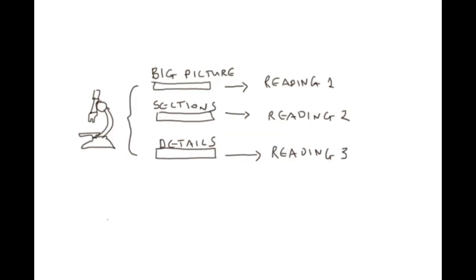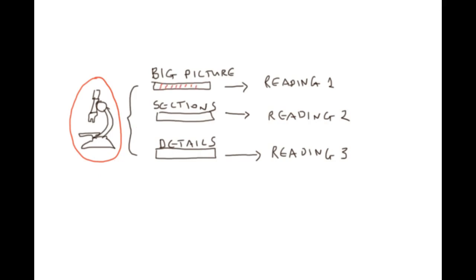Okay, so when we're thinking about tackling the exam, I want you to consider it a microscope. Here's a picture of what I hope looks like a microscope, because a microscope allows you to zoom into different areas of whatever it is you're looking at. I'm classifying them here as 3 different things.